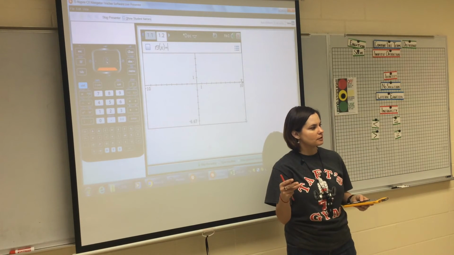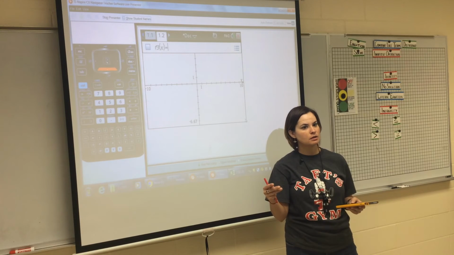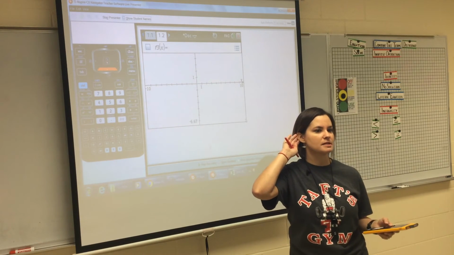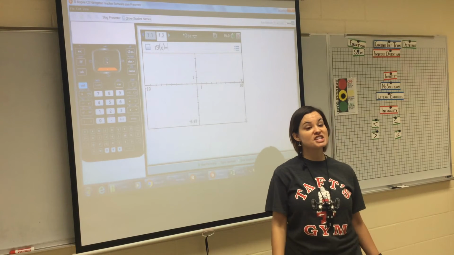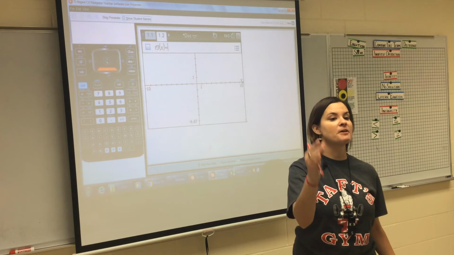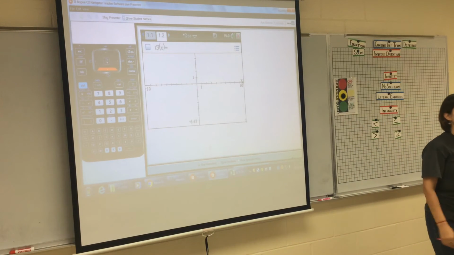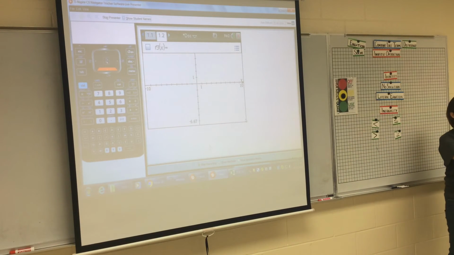Why are they numbered? Because they're different lines, different functions. We're numbering them so that I can have more than one equation on the same graph.